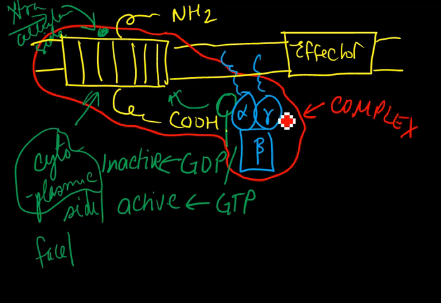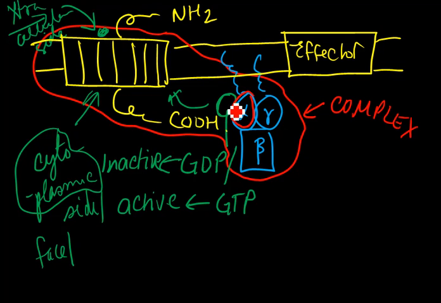When the G protein comes close to the G protein coupled receptor, the alpha subunit is where all the action takes place.